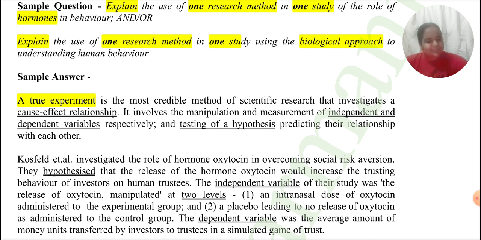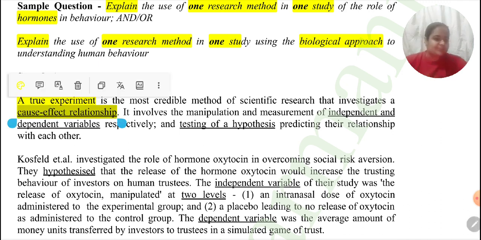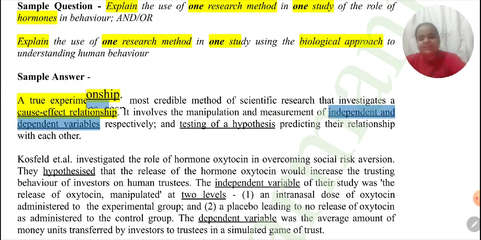Okay, so what differentiates a true experiment from other methods of research, such as a self-report or an observation, is that it investigates a cause-effect relationship. I have mentioned that at the beginning. Now, what differentiates a true experiment from other experiments, such as a natural or a quasi-experiment, is the fact that the researcher manipulates the independent variable.